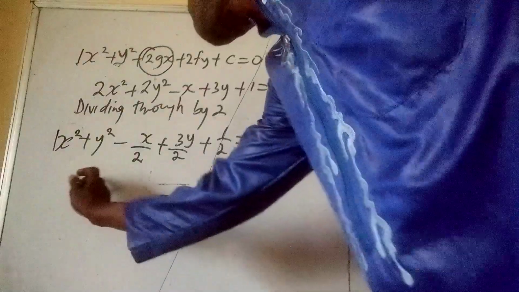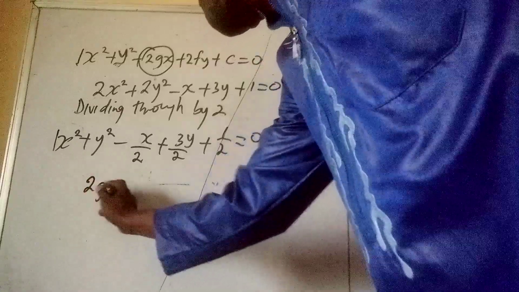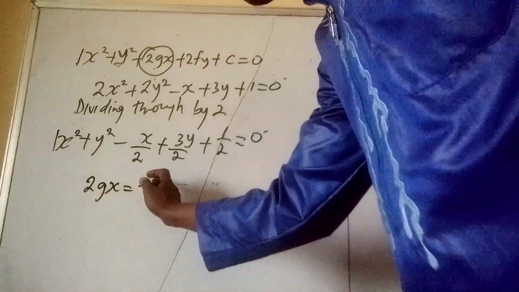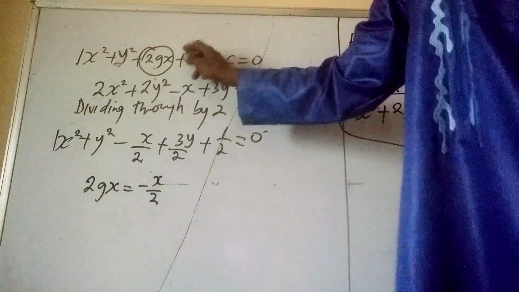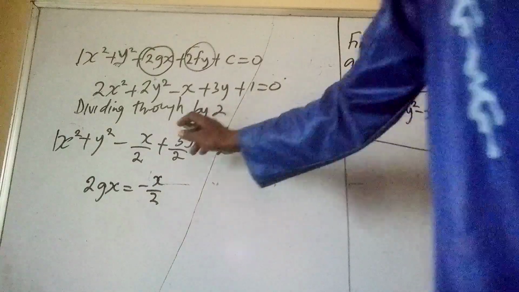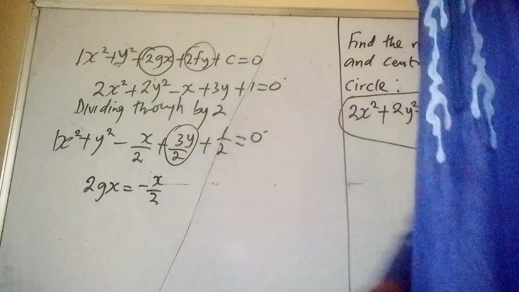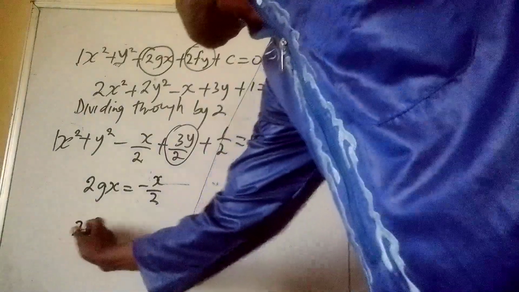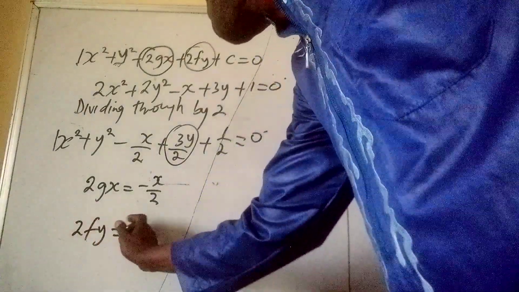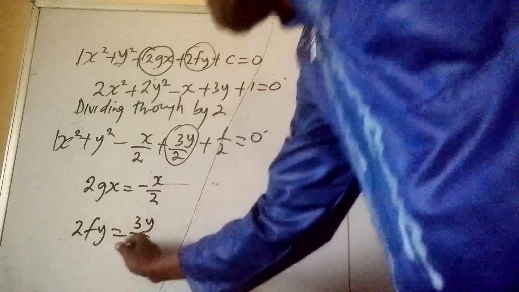So you write that 2gx equals minus x over 2. 2fy is equal to positive 3y over 2.